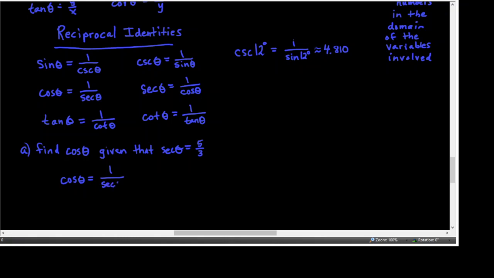That's the identity. And then substitute into that identity the value that we were given for secant of theta, and then do the arithmetic. To divide fractions, you take the numerator and multiply it by the reciprocal of the denominator, and you get 3/5. Okay, so that wasn't that bad. Not too hard.